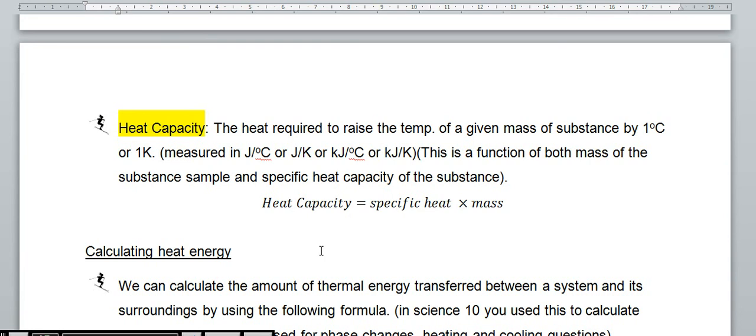So pay close attention to the wording, because if it's heat capacity, notice that the units no longer have a mass unit in here. It's joules per degree Celsius or kilojoules per degree Celsius, and there's no longer any mass. Heat capacity is calculated by taking the specific heat capacity for a substance and multiplying it by the mass of that substance.